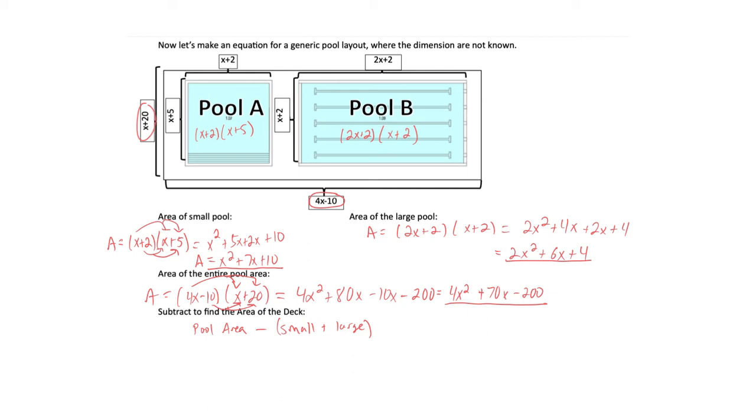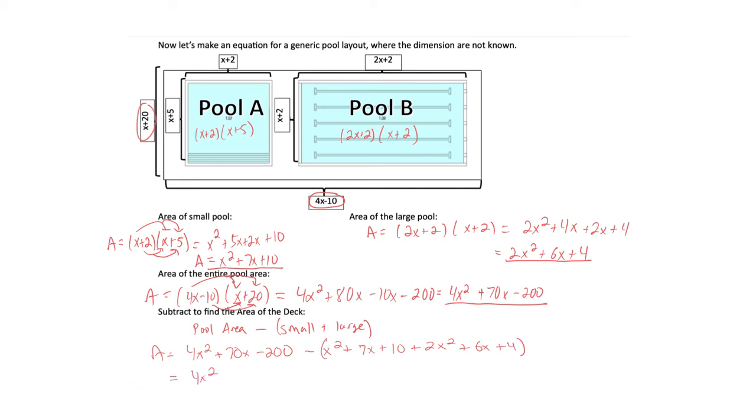The pool area is 4x squared plus 70x minus 200, and then we subtract our small one from it, x squared plus 7x plus 10. And the large one, plus 2x squared plus 6x plus 4.